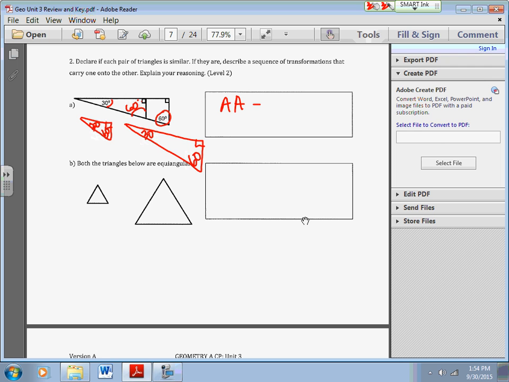Both of the triangles below are equiangular. So do me a favor. In the picture, this one, all the sides are the same, and all the angles are the same. This one also is equiangular. These angles that this one has are exactly the same over here. It's just a bigger image of it.